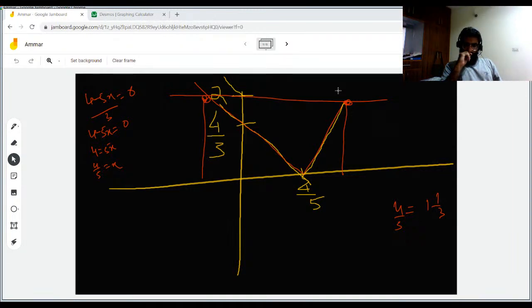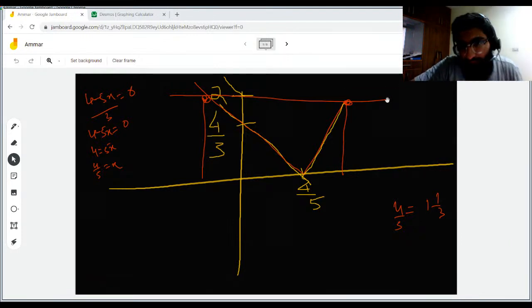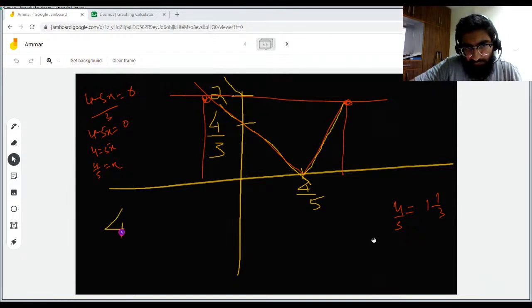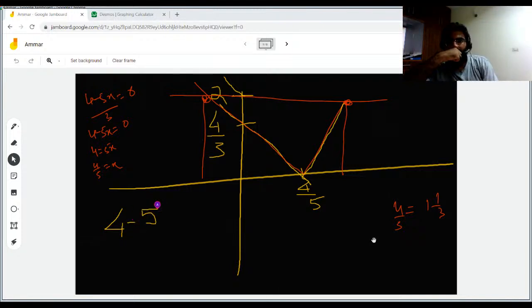So now, how do I do it? So now what I do is that I make it into the thing. So 4 minus 5x by 3 is equal to 2. It's not a question of greater than; it's equal to 2.